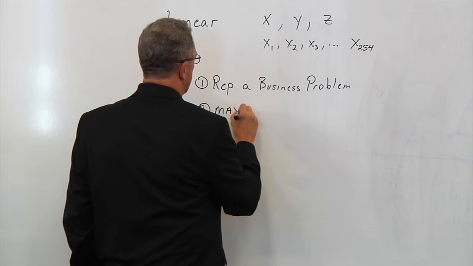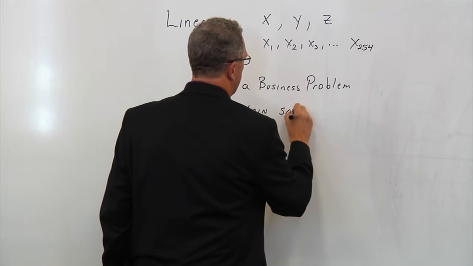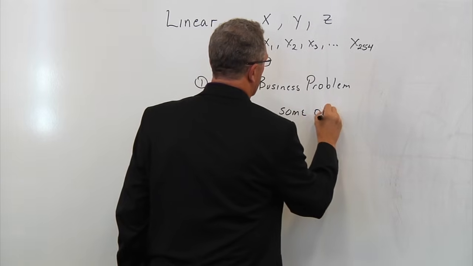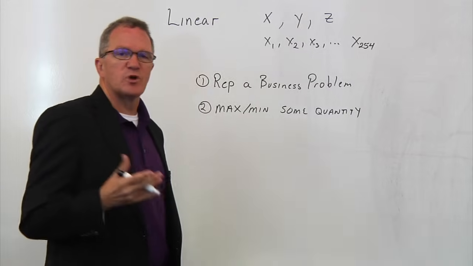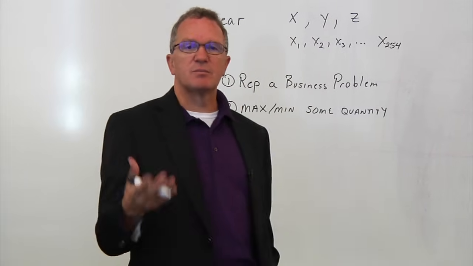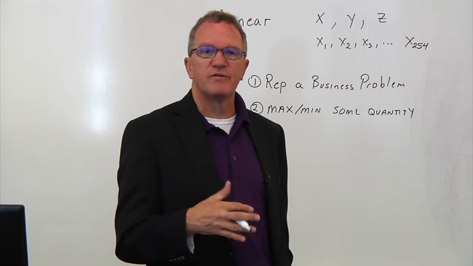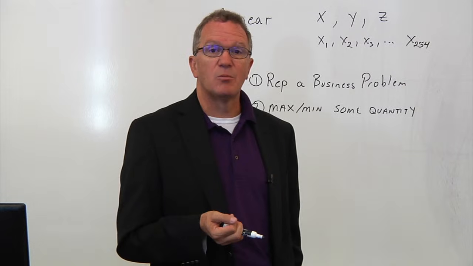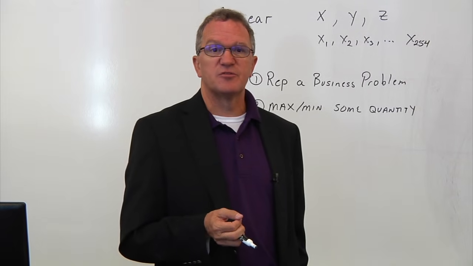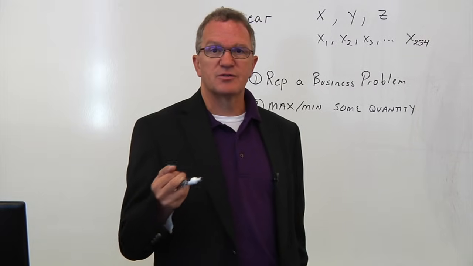We're maximizing or minimizing a particular quantity. We're trying to maximize profit, maximize revenue, minimize cost, minimize number of employees that we have. All right? We might be looking at a problem where we're trying to minimize layoffs if we're in the middle of a recession.